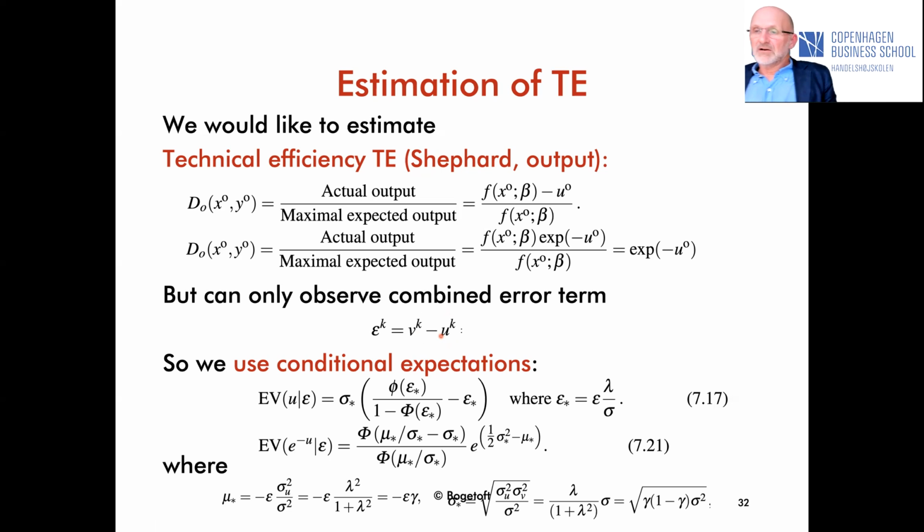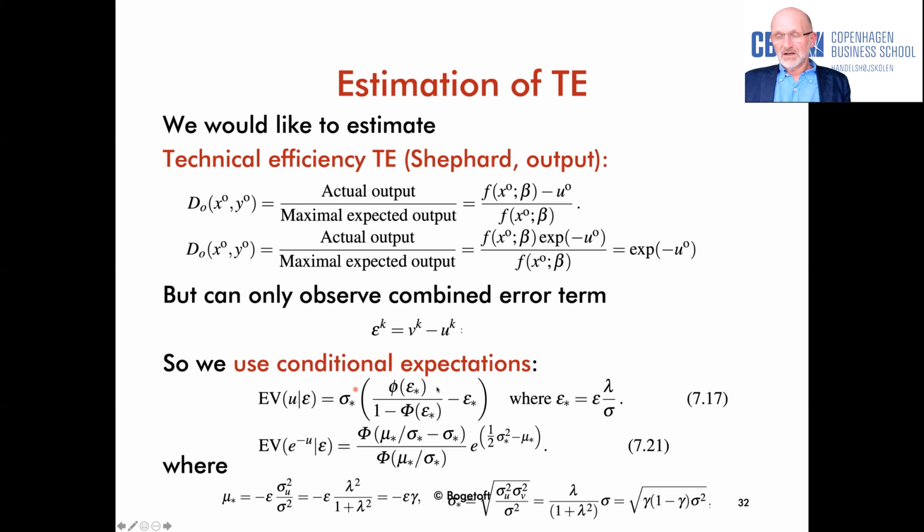And the traditional way of doing that is that we rely on conditional expectations. So we say, what is the expected value of the inefficiency term given that we have observed the combined error term epsilon? And the expression for this is given here.